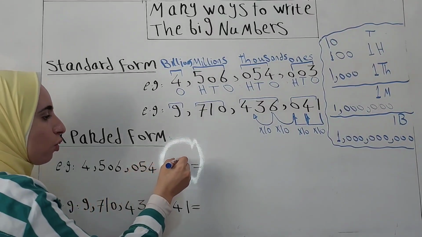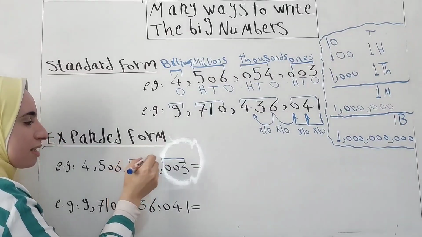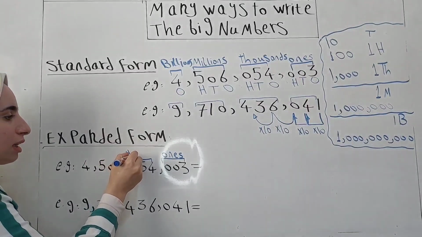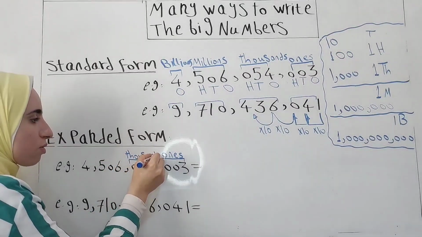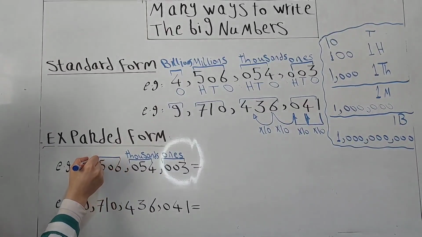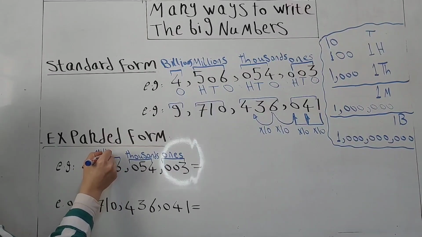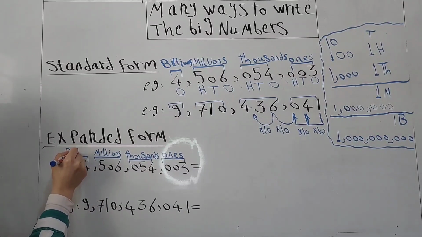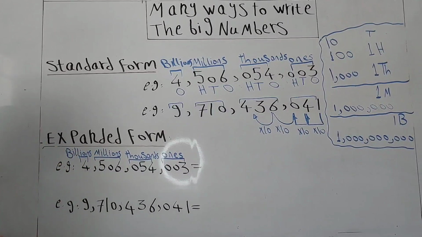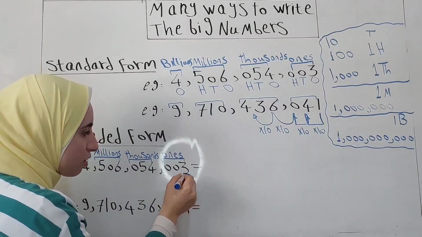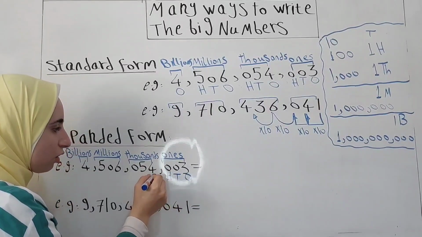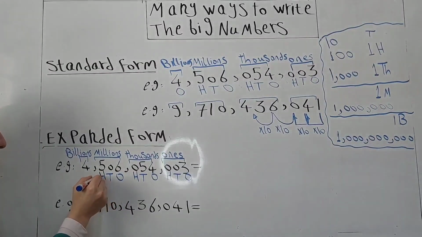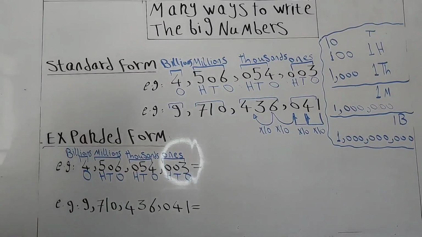We have 4 families: ones, thousands, millions, and billions. Each family has 3 places: ones, tens, hundreds.